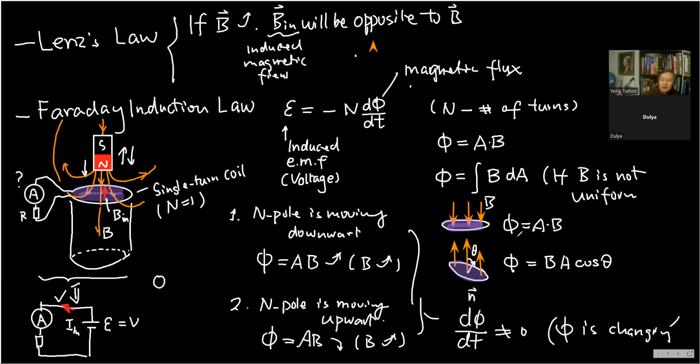We can write Lenz's law here. You can compare these two scenarios. In the opposite case, if you move the magnet upward, therefore the magnetic field will decrease. Do you agree?